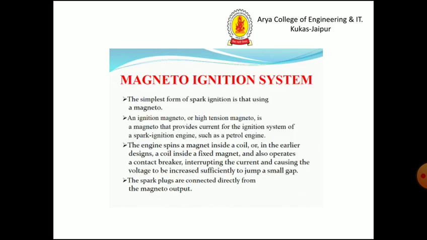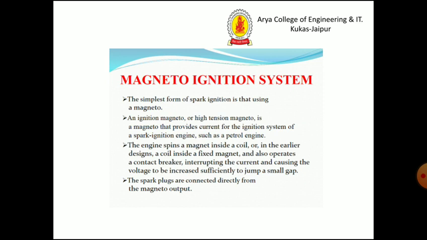Next is the magneto ignition system. The simplest form of spark ignition is that using a magneto. An ignition magneto or high tension magneto is a magneto that provides current for the ignition system of a spark ignition engine such as a petrol engine.